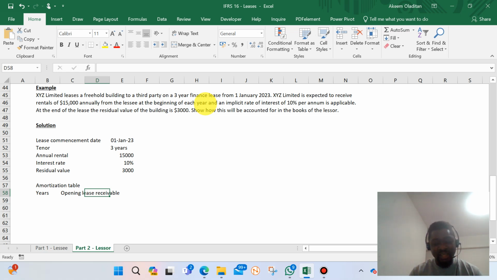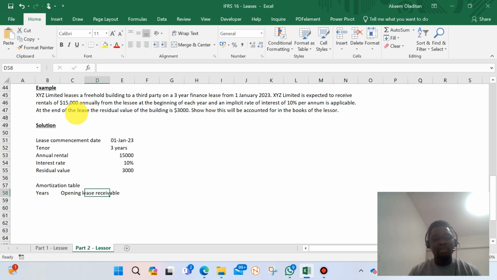So we need to be careful with this statement, beginning and end. If it's at the end of the year, it means interest must have accrued on it. If it's at the beginning of the year, we apply interest on the opening balance after the payment. You understand what I mean?